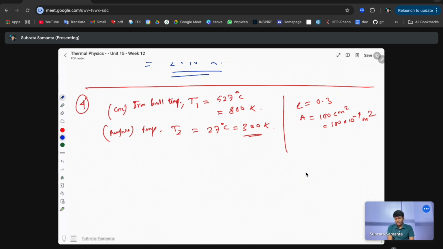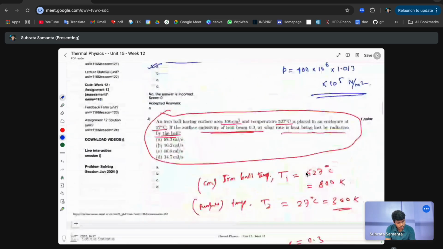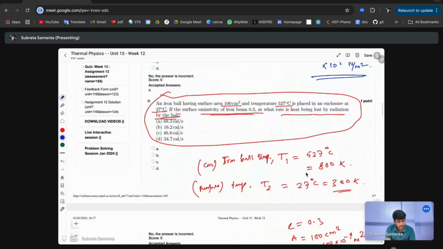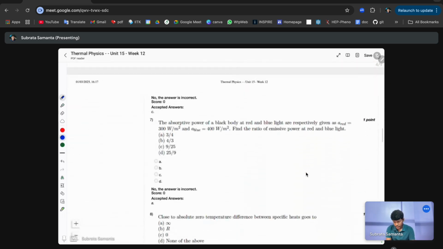So you have to calculate the rate at which heat is being lost by radiation by the ball. So energy loss per unit time, that is basically the rate, by the ball.